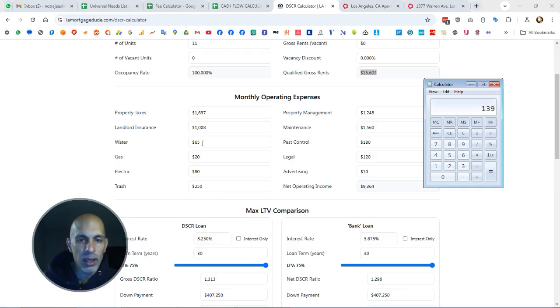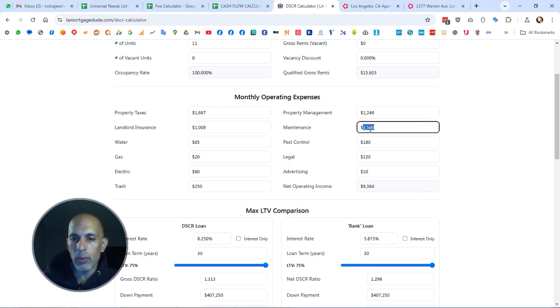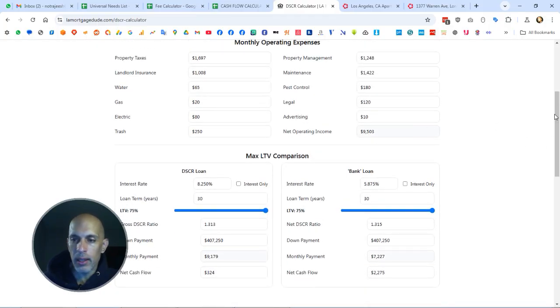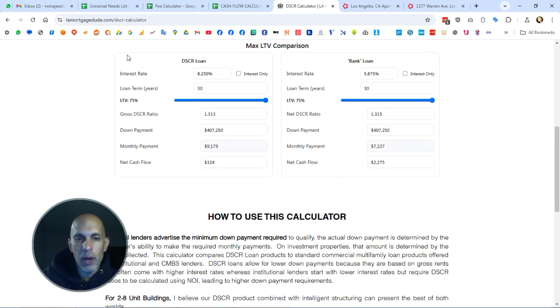Where can I add 139? Probably in maintenance. So 1560 minus 139, 1421. There we go, 95.03 for the net operating income. This box right here just does not matter.